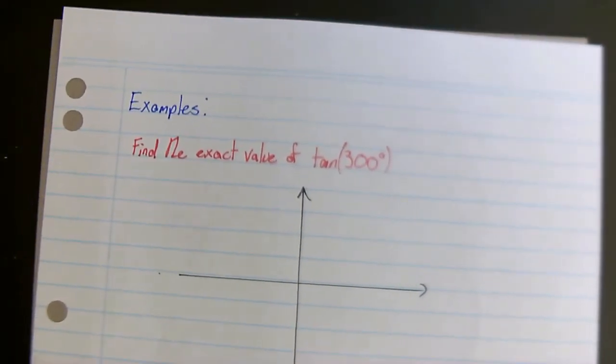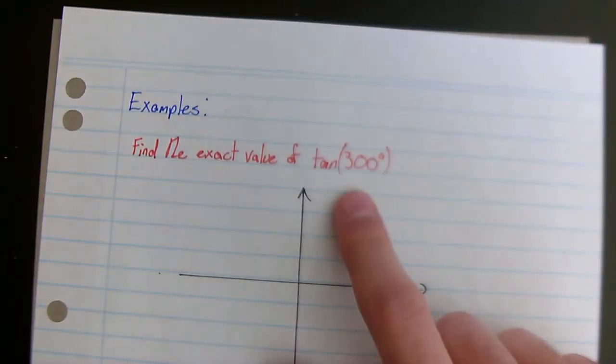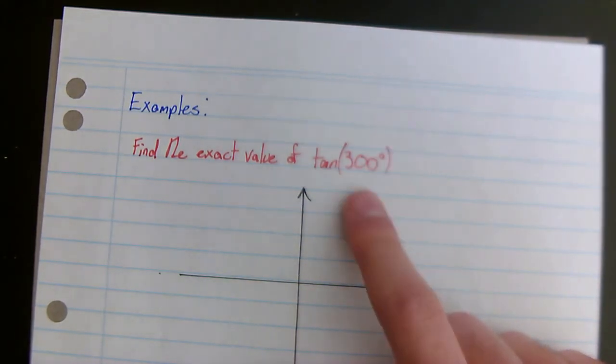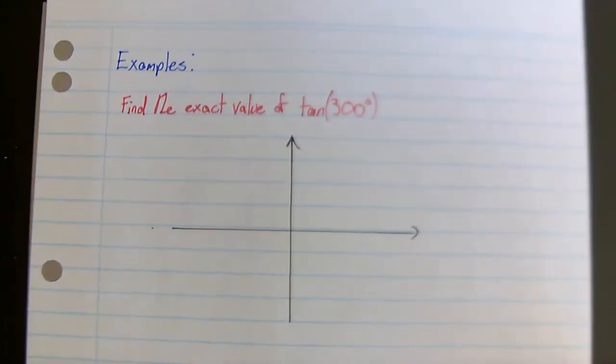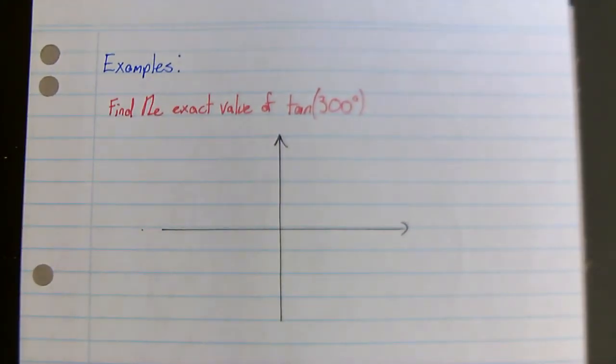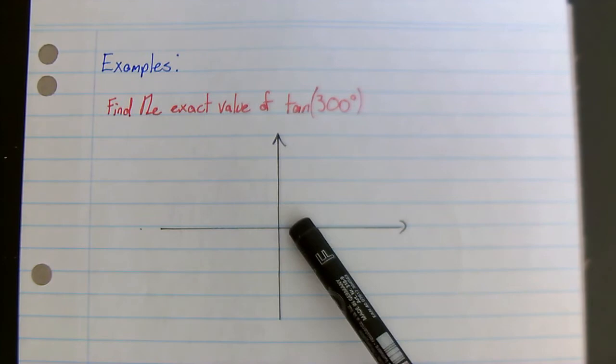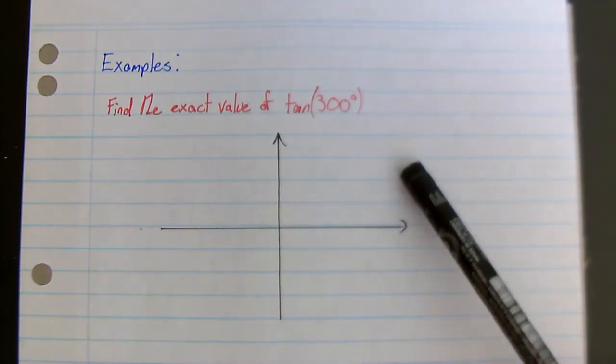So here, find the exact value of tan 300 degrees. Your first job is identifying where 300 degrees is going to lie in terms of the axes. Basically, we start at 0 degrees, which is from here, and we read counterclockwise.